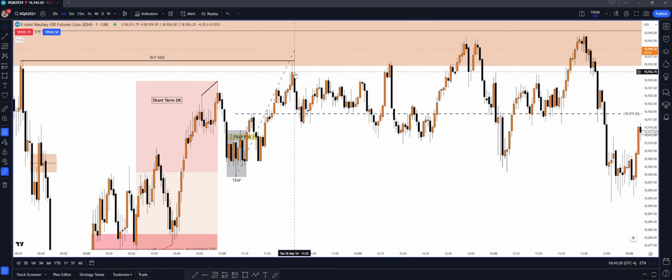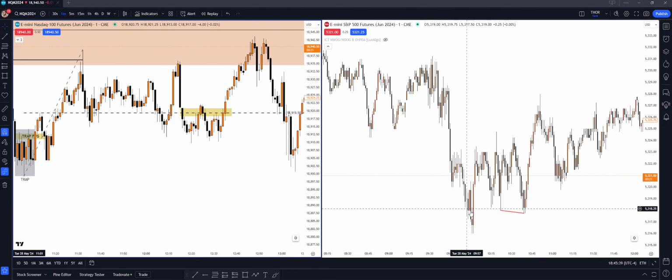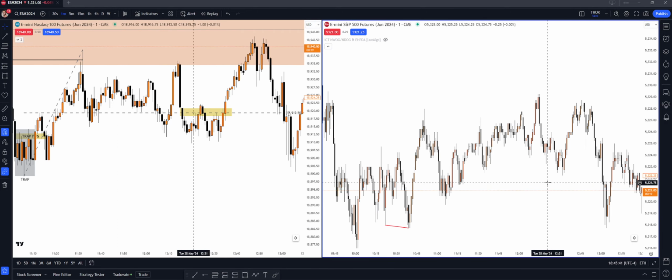So it went back and forth because this is a small range. It went back and forth quite a lot between discount and premium. But initially, after all, what it did was it formed a trap here, and there was an S&T divergence as far as I remember. Let me see.